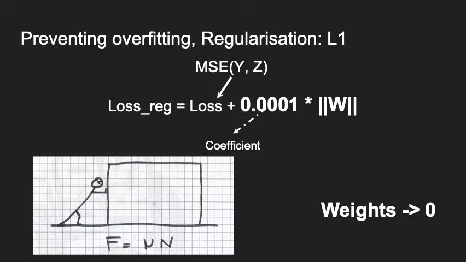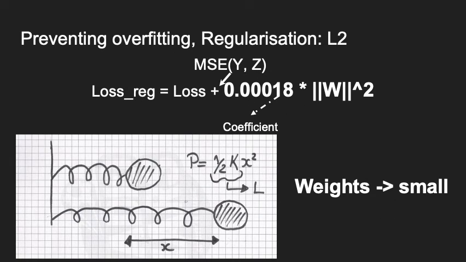So you always have some friction and some incentive for the network to drive all the weights to zero. If you tune your hyperparameters well, your network will use the weights that it needs and try to tune all the others to very small values.